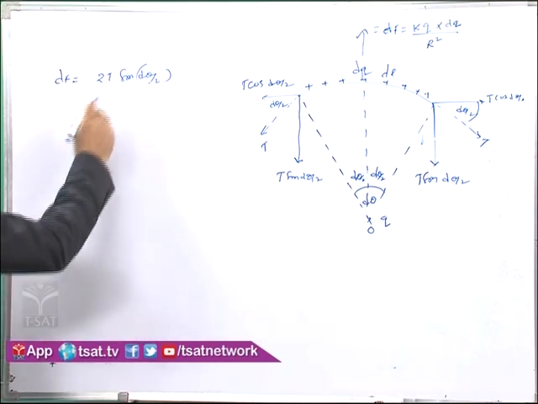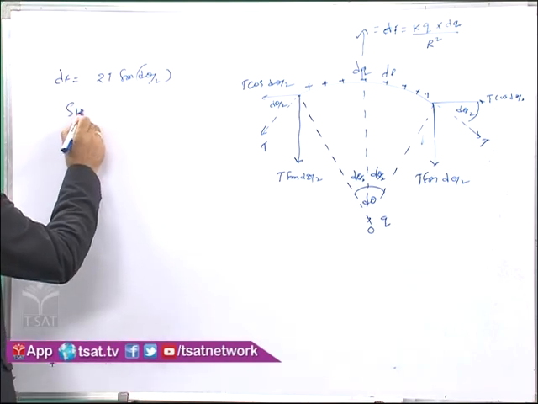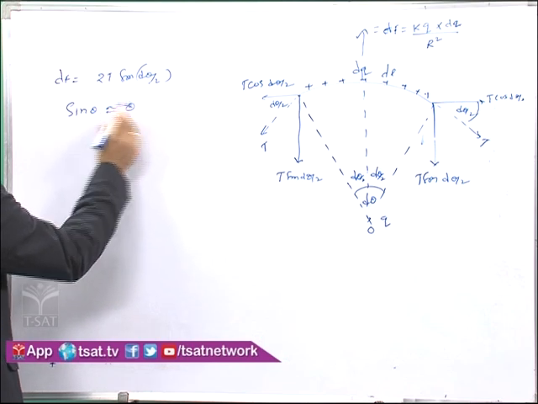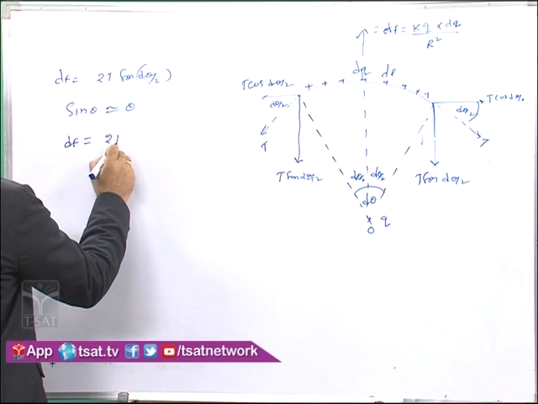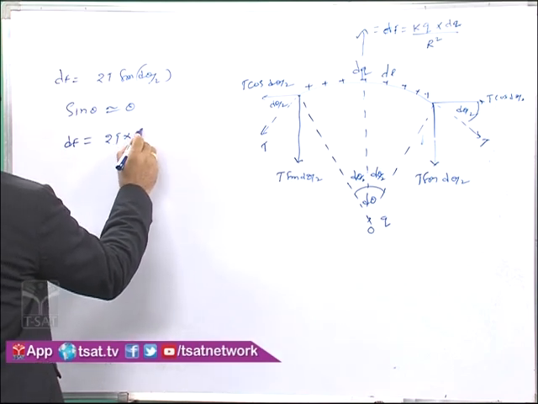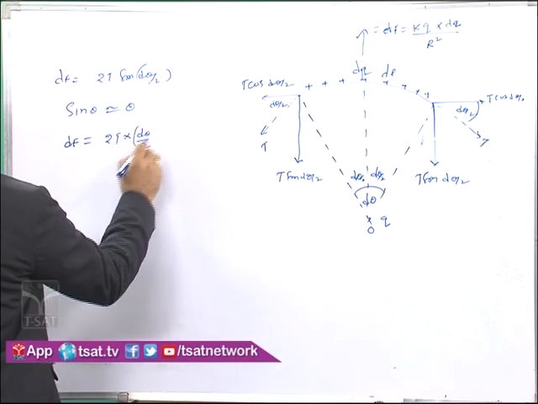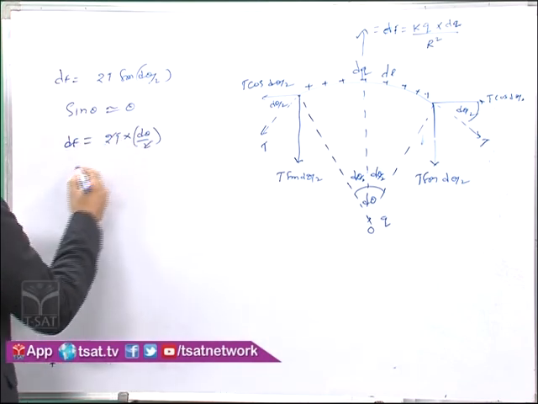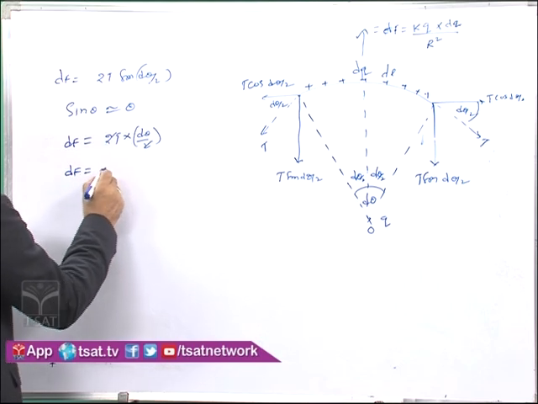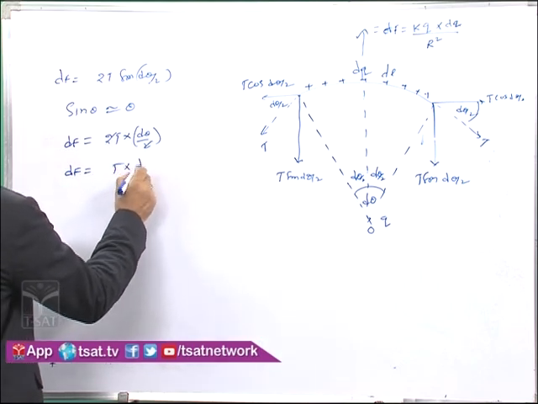Therefore, for small angles, sin theta is approximately equal to theta. So dF will be 2T into d theta upon 2. Here 2 gets cancelled, and dF is equal to T into d theta.